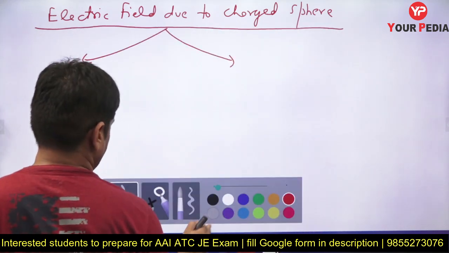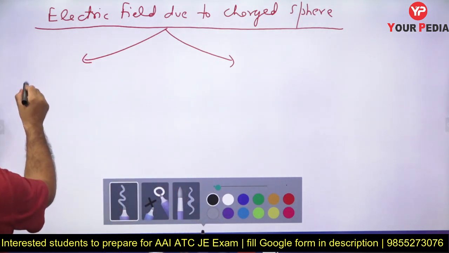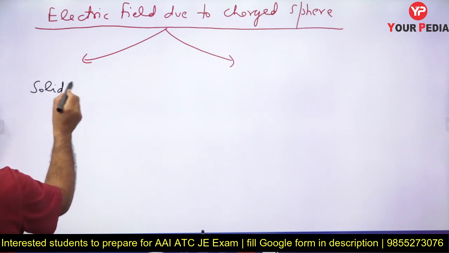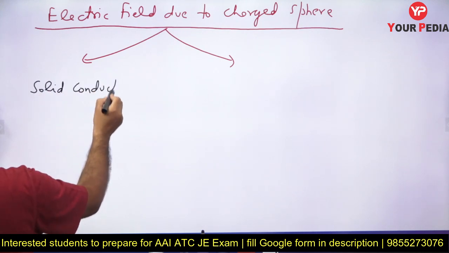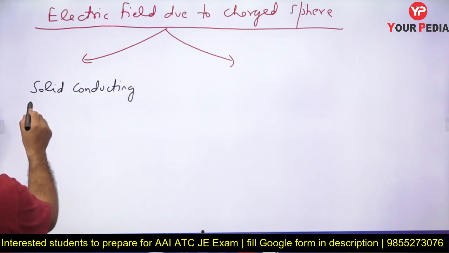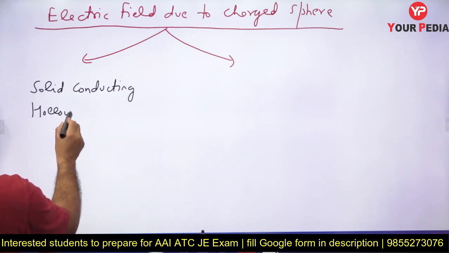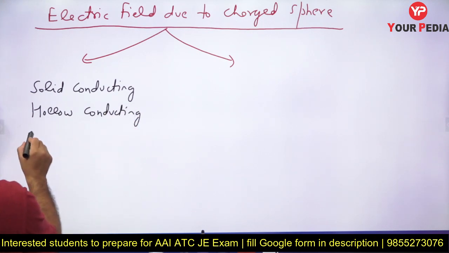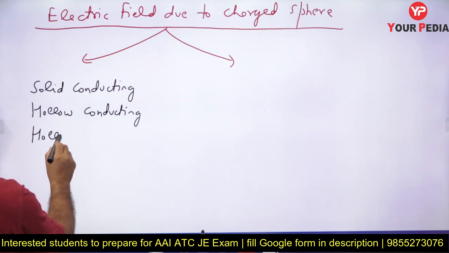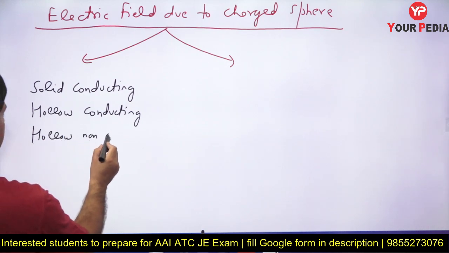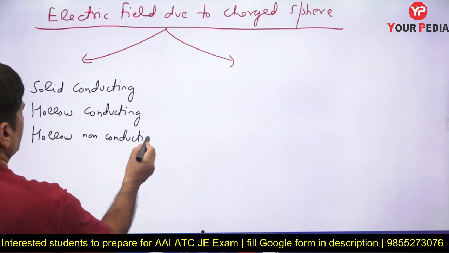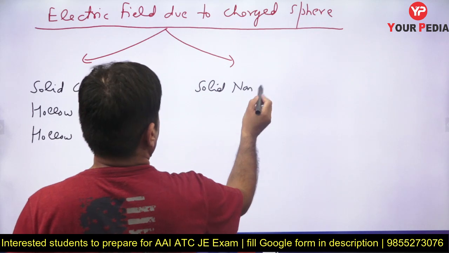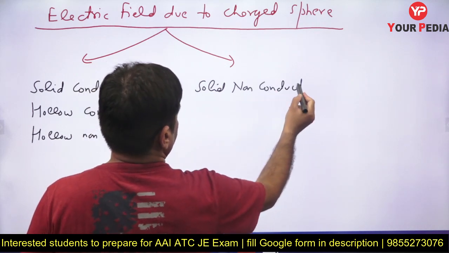Number one, solid conducting, like the cylinder. Number two, hollow conducting. Entire charge is on the surface. Hollow non-conducting. All this is one category, and solid non-conducting is another category.